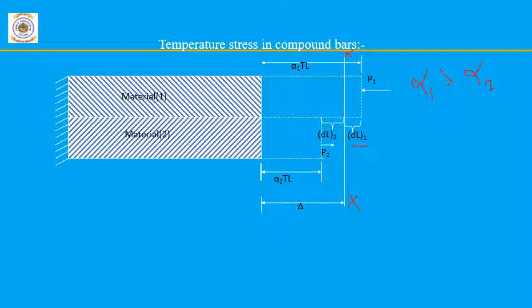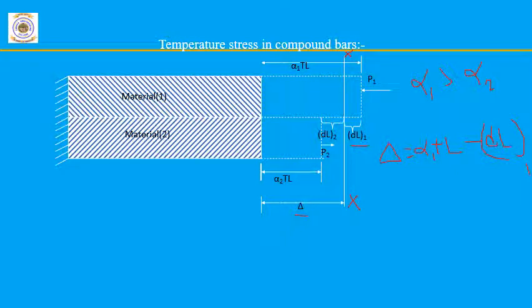Therefore this capital delta can be written as, with respect to the first material, alpha 1 TL minus DL1.